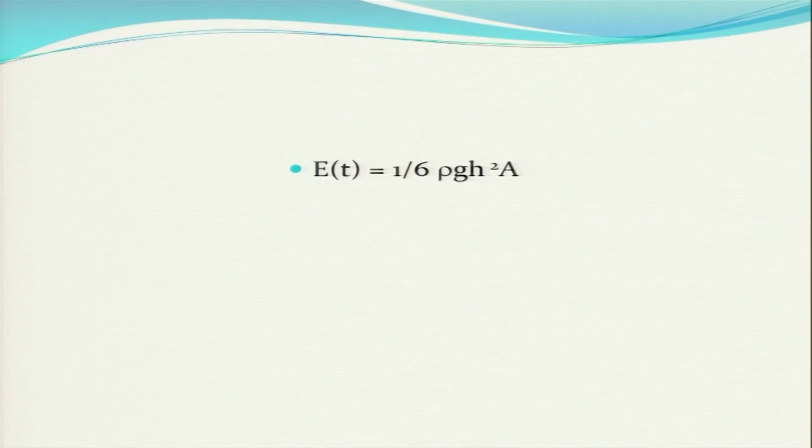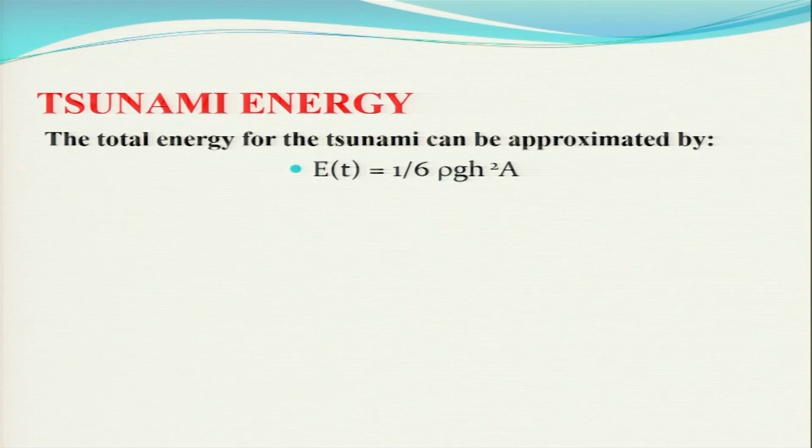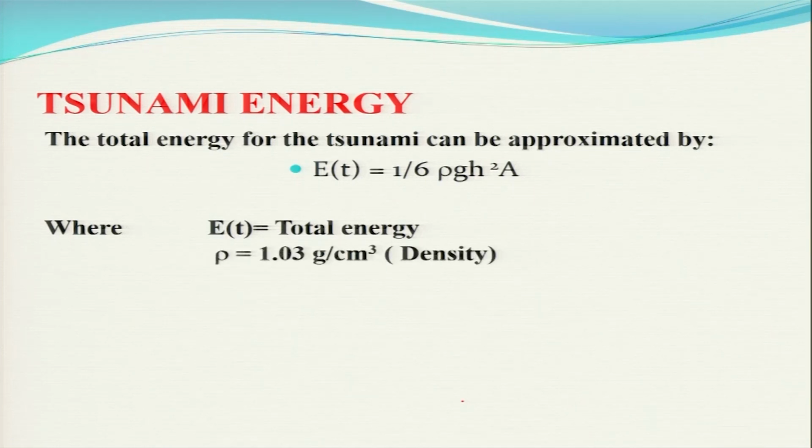If you want to calculate the energy of the tsunami, the total energy has been given as E_T = 1/6 rho g H squared A, and what it means is that E_T is the total energy of the tsunami. Rho is the density of the ocean water, and g is the gravitational acceleration.